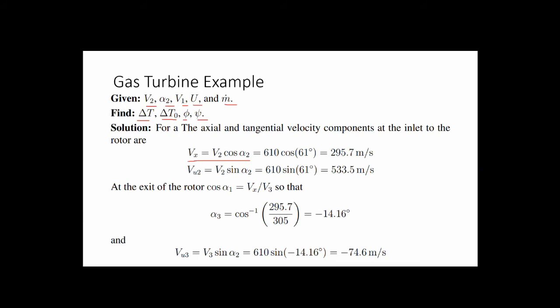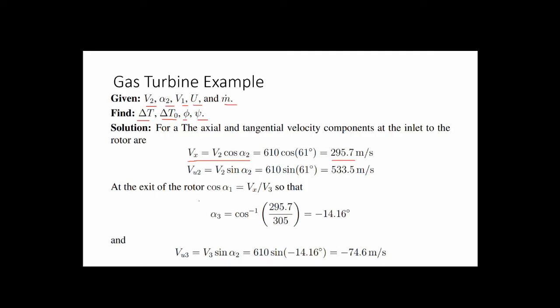V2 and alpha 2 are given in the question. So we get Vx equal 295.7 meters per second and Vu2 equal 533.5 meters per second.